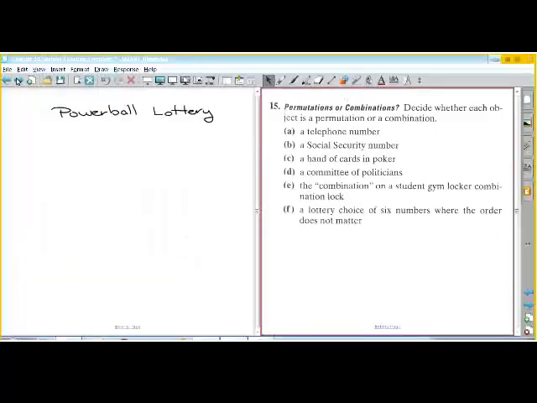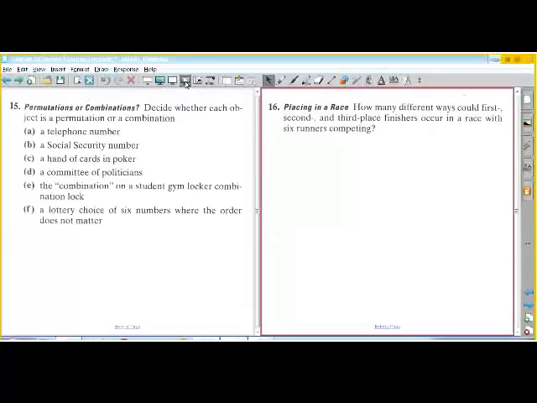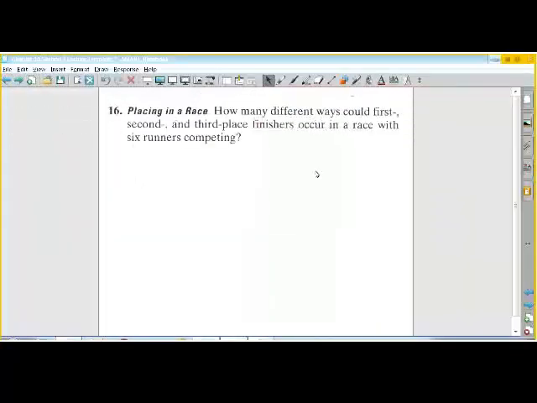Once you know whether it's a combination or permutation problem, you just have to figure out what N is and what R is, which should be pretty obvious. So here: how many different ways could first, second, and third place finishers occur in a race with 6 runners competing? The first question you ask is, is order important? Josh, is order important?